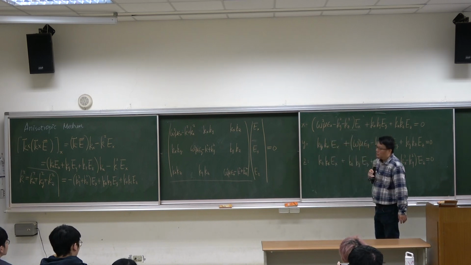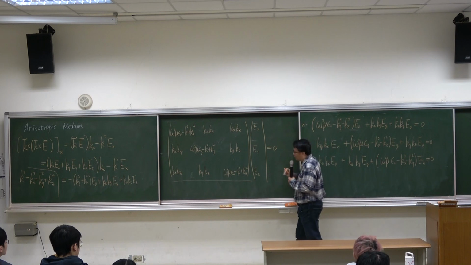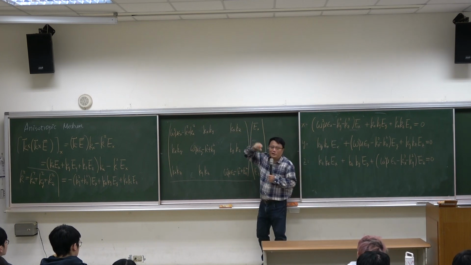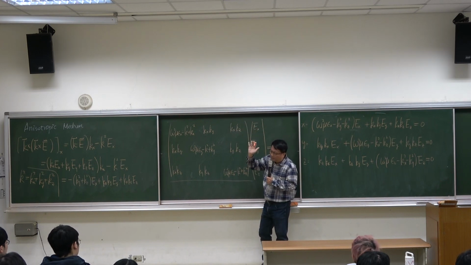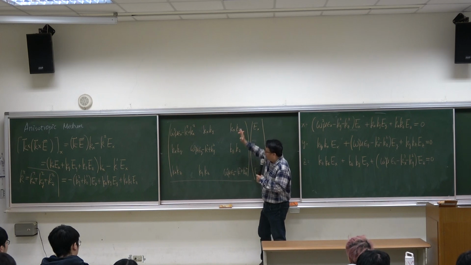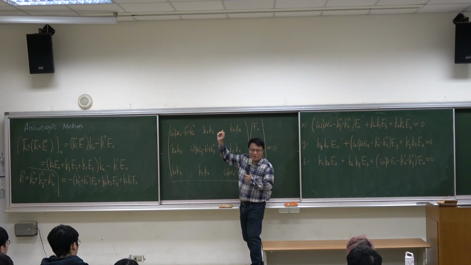So now we get a condition: the dispersion relation between omega and k is derived from this zero determinant condition. OK.